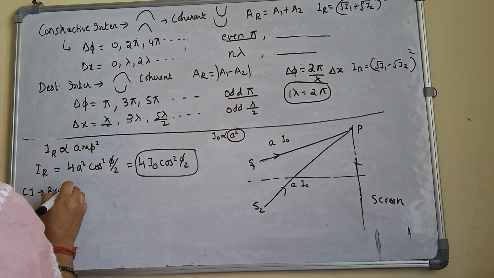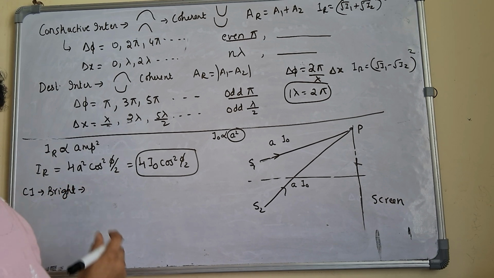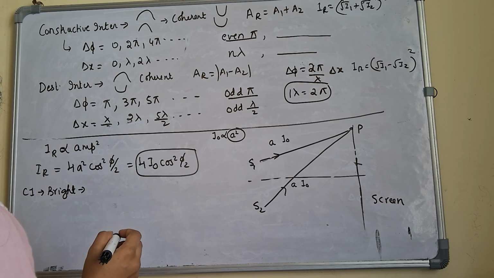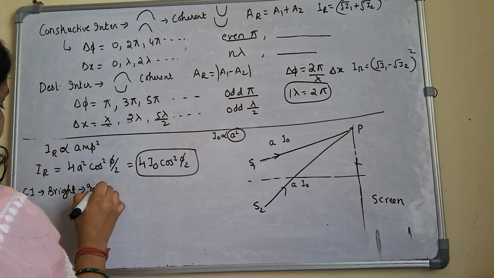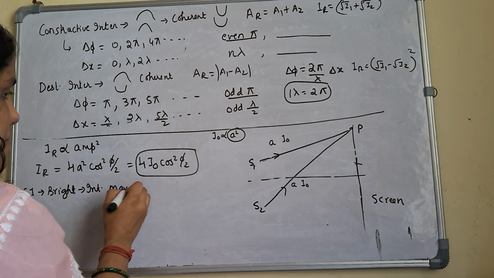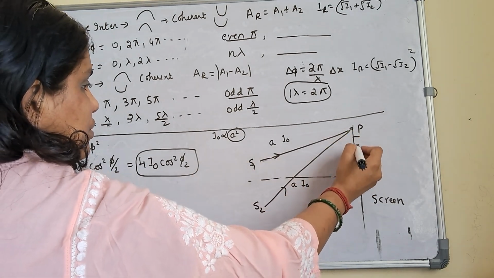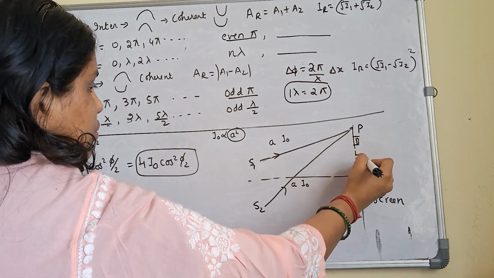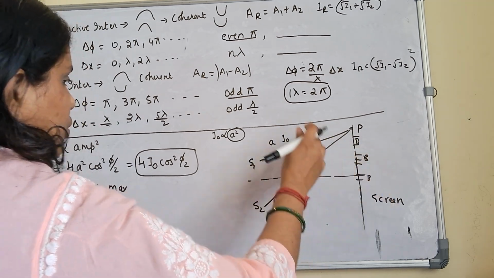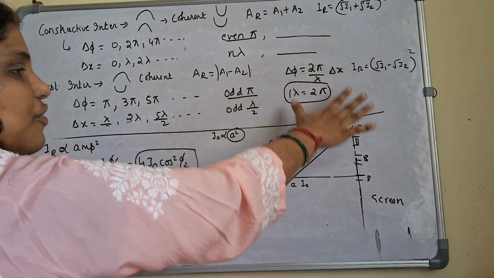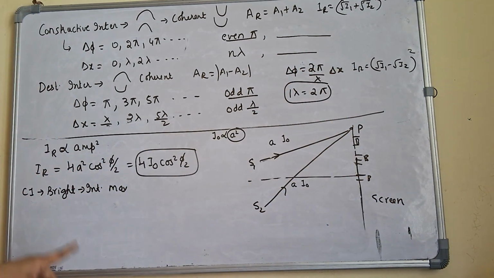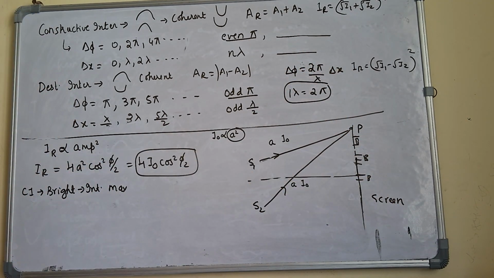On the screen, you will see bright patches, bright points, and that is what we call interference maxima. So this is bright, this is also bright, this is also bright, some bright spots we see. That means, if I have to decode it from the screen, wherever you are seeing bright points, that is where constructive interference is happening.